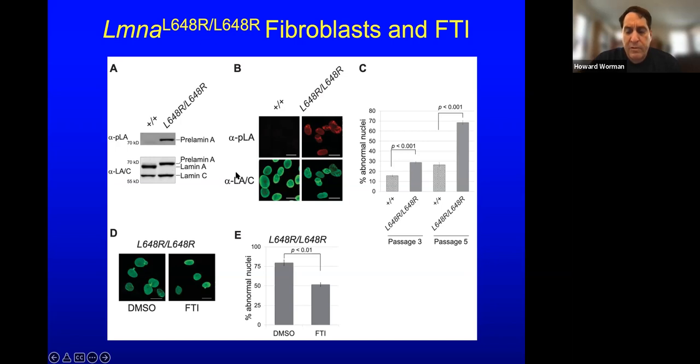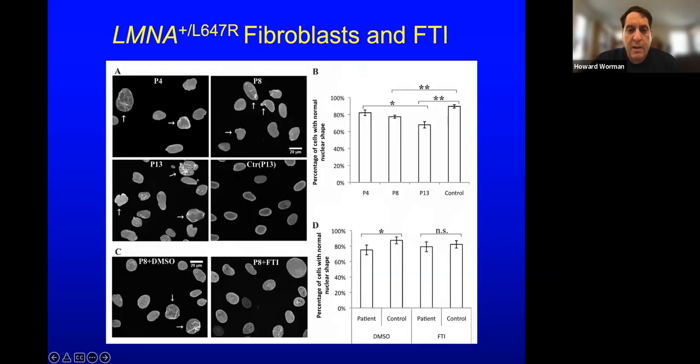And we showed the same thing in dermal fibroblasts from the patient with the corresponding mutation. Again, an increase in abnormal nuclear morphology with passage number, and treatment with FTI partially restored normal nuclear morphology.